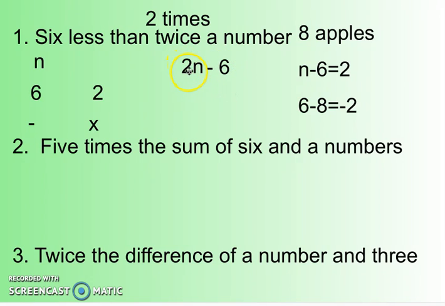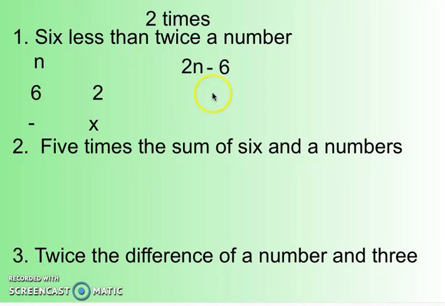So we have twice a number, and I'm going to get rid of the apple piece because that was just an example to jog your brain and figure out where the minus 6 went. So going back to this problem, twice a number, so here's twice a number, 2 times n, and then 6 less than that. So that means minus 6 from it. So this right here, 2n minus 6, is my final algebraic expression.